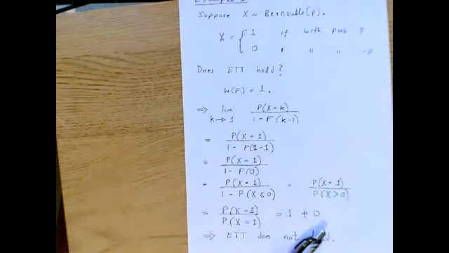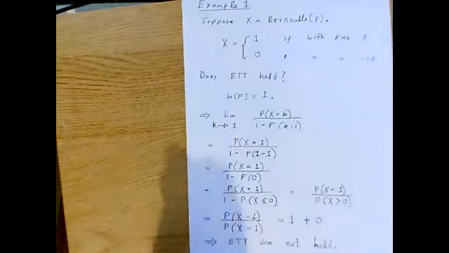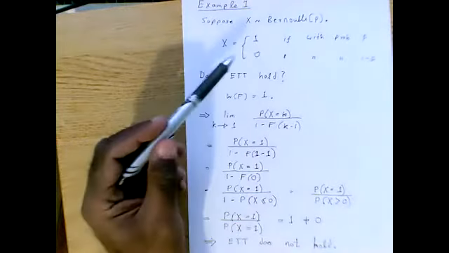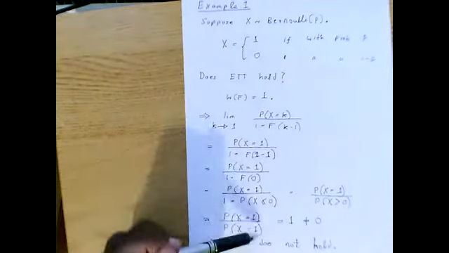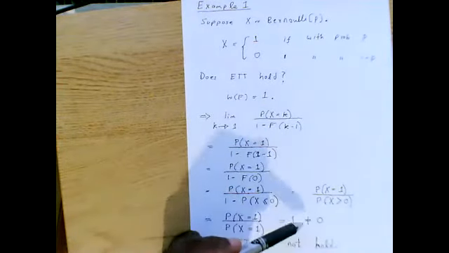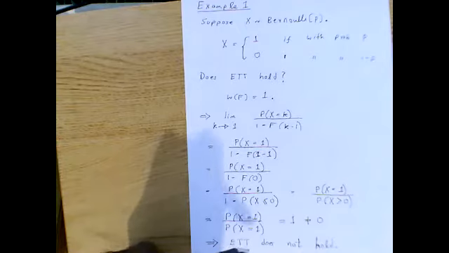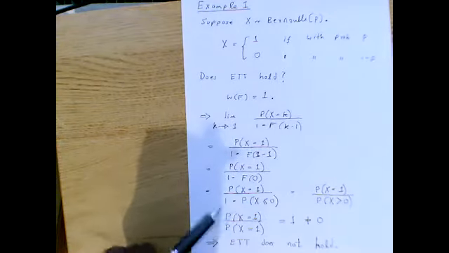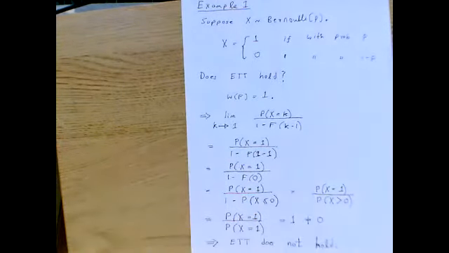This example says that for a Bernoulli random variable, the limit is equal to 1, which is not equal to 0, and hence the extremal types theorem cannot hold. Basically it saves you the trouble of having to check the three conditions 1, 2, and 3.